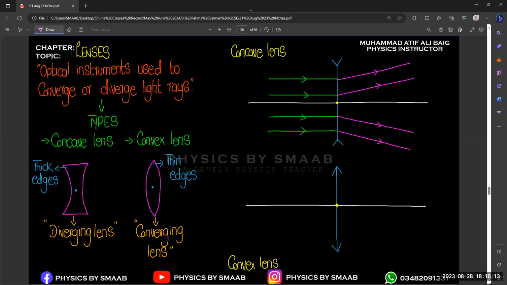Okay. And if we talk about the convex lens, we know that the convex lens is converging. So let's suppose the same light rays are moving through the convex lens, that is the converging lens.